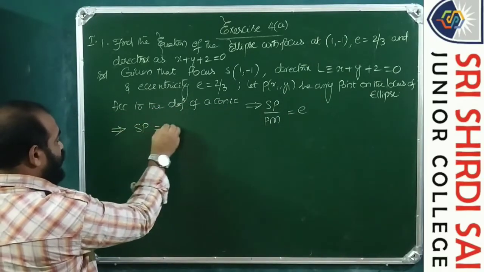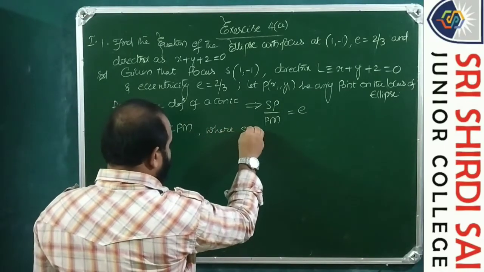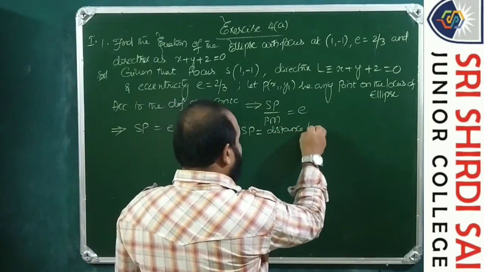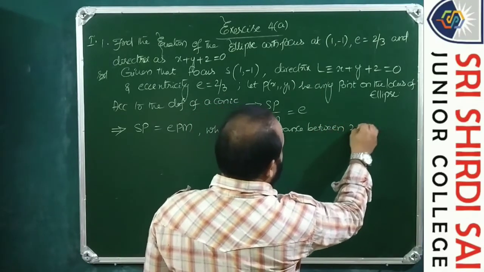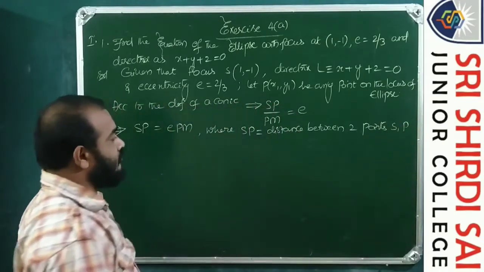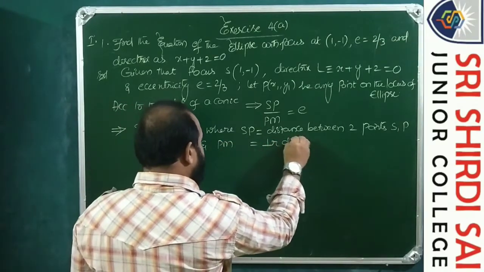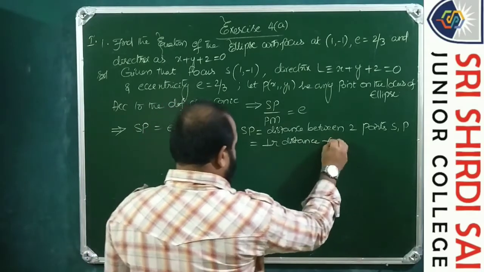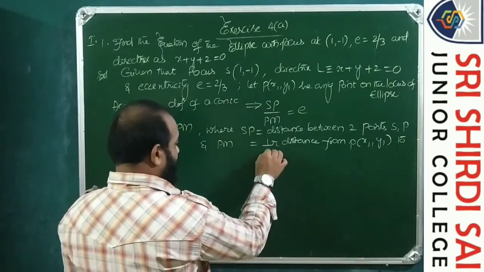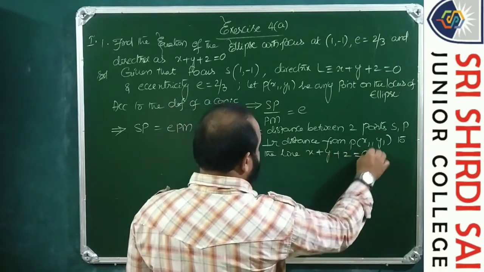This implies SP = e·PM, where SP is the distance between the two points S and P, and PM is the perpendicular distance from P(x1, y1) to the line x + y + 2 = 0.